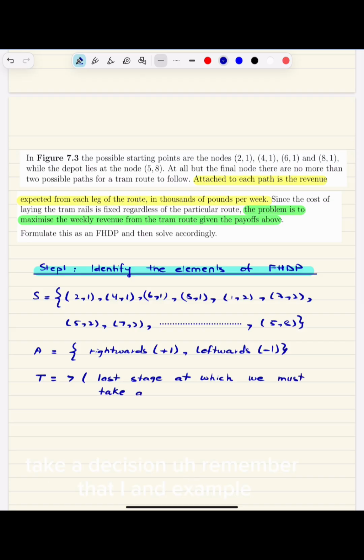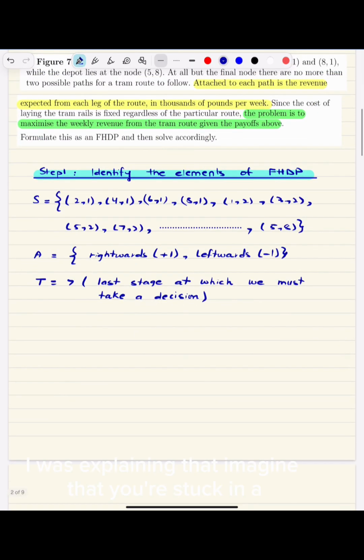Take a decision. Remember that island example that I gave when we did the functional form? I was explaining that imagine you're stuck on an island for, suppose, 10 days. The last day that you have to make a decision is the 10th day, and afterwards you don't need to make any decision.